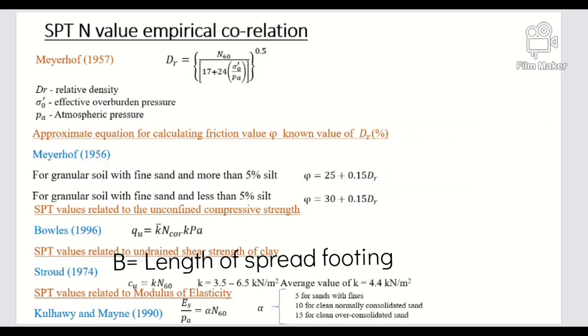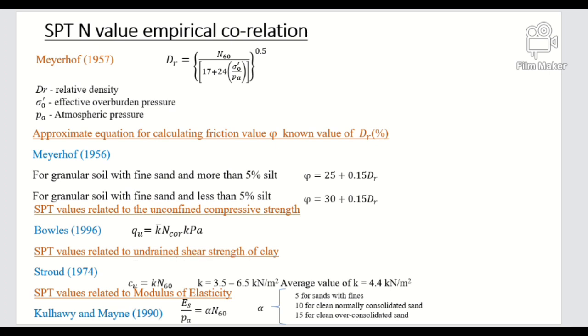And then, after determining the corrected N value, we have some empirical formulas provided by researchers, such as Meyerhof 1957, which give how we can determine the relative density through the SPT value, as per depth, at a desired depth.